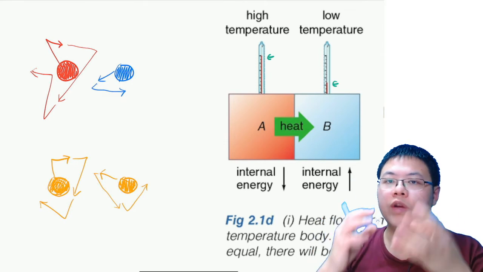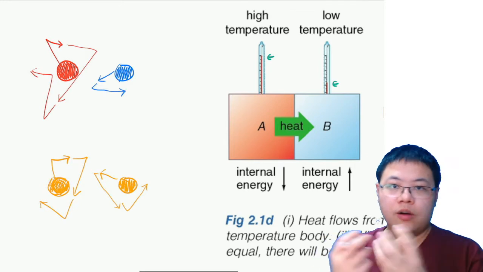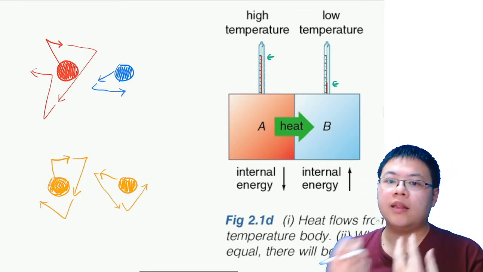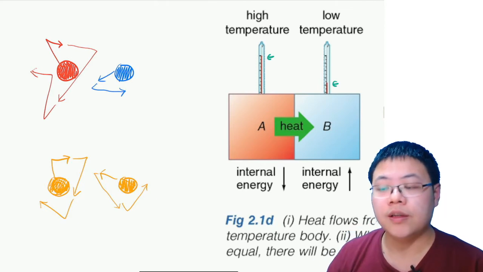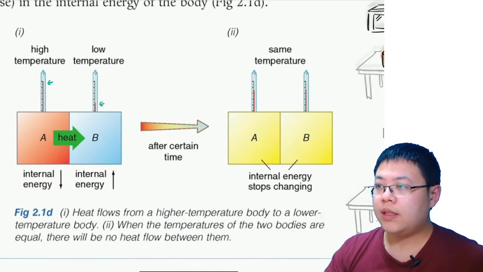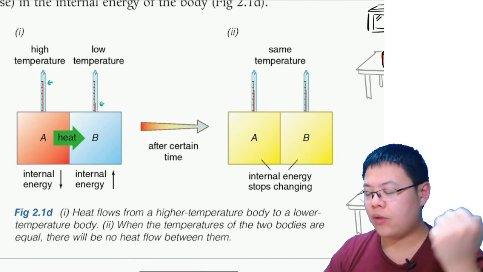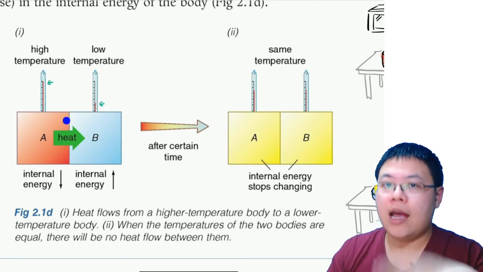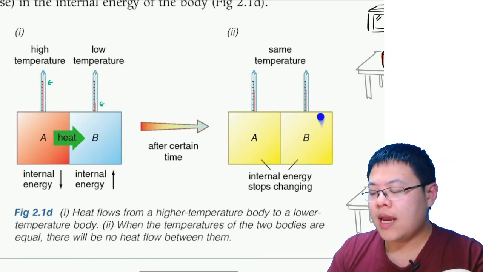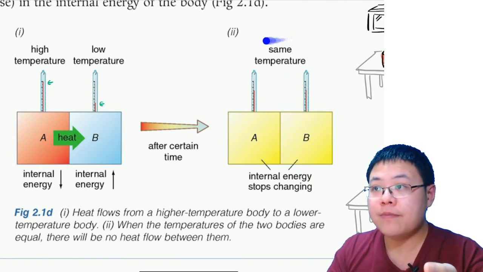When they have reached the same speed, then even if they collide with each other, there will not be a significant change in their level of kinetic energy, right? So this is what the yellow box tries to tell us. The heat flow will continuously happen until their temperature becomes the same. They have the same temperature.